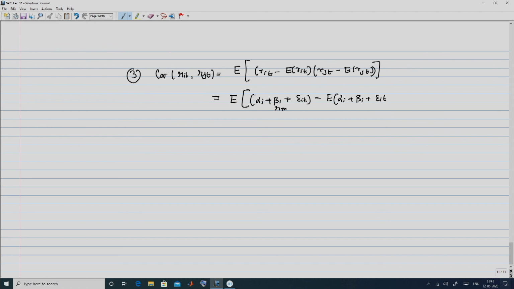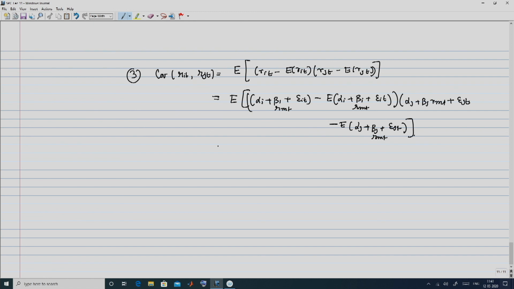There is actually an R_MT here. And this term is multiplied by alpha_j plus beta_j R_MT plus epsilon_JT minus the expected value of alpha_j plus beta_j R_MT plus epsilon_JT, and beta_j also has the R_MT term.